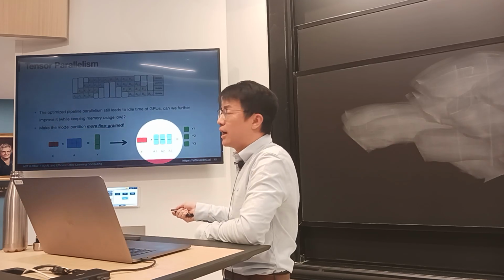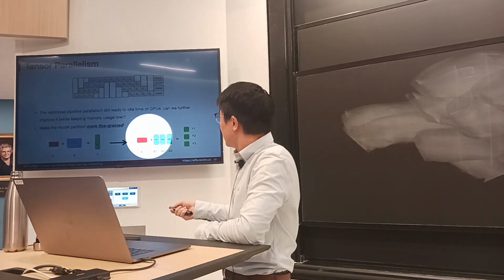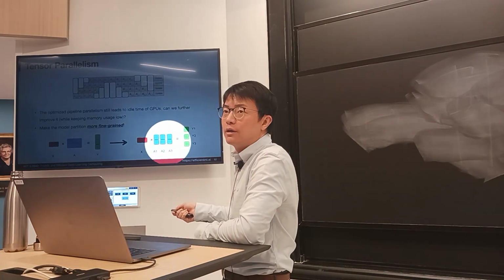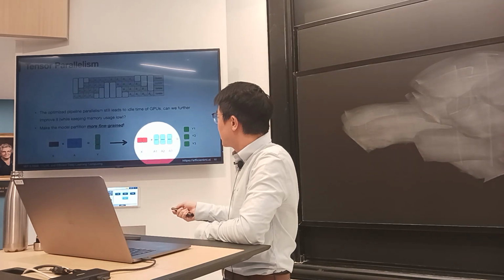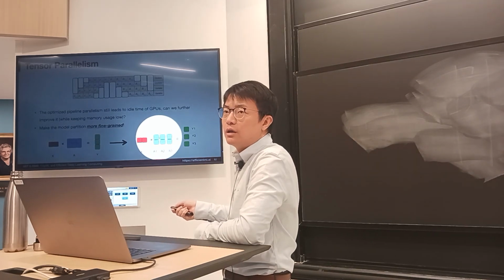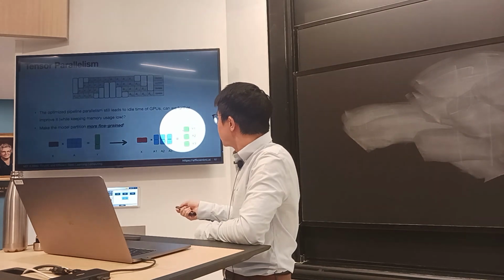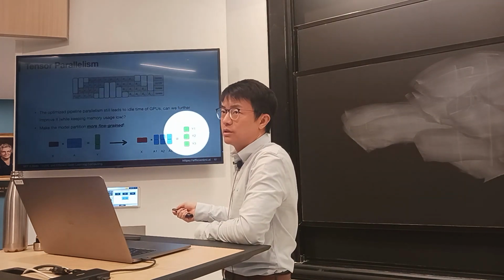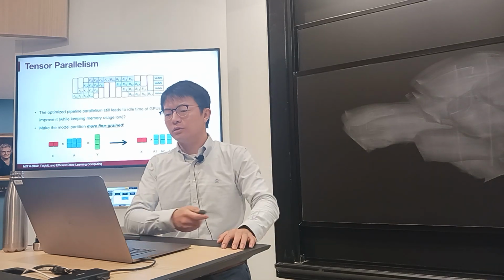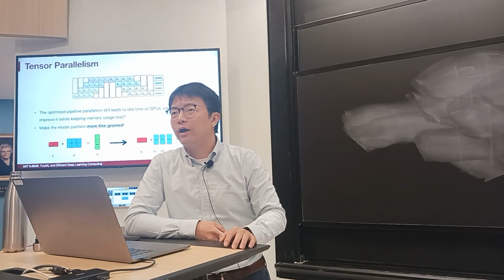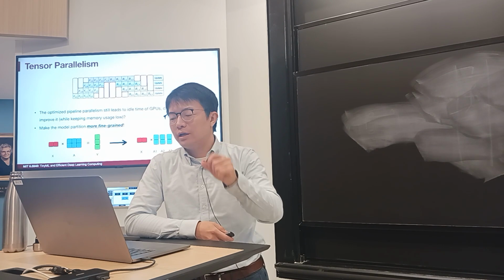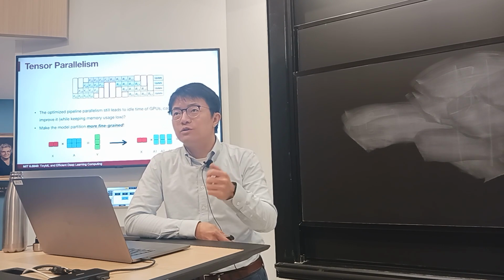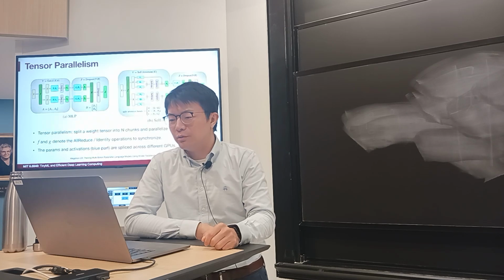We want to partition that into 3 parts: GPU1, GPU2, GPU3, and each GPU calculates only 1/3 of the matrix. Finally, we can get the result in parallel. So we partition the model in a more fine-grained manner within the layer, and that fits perfectly for large language models.